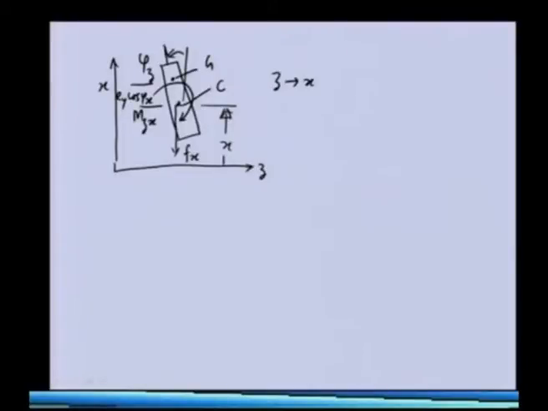The vertical distance between G and C is Ey cos phi x, and now we can write the equation of motion in the x direction and in the phi y direction.